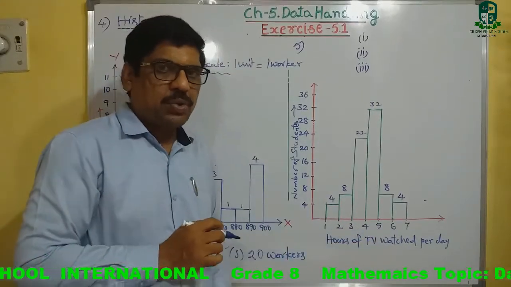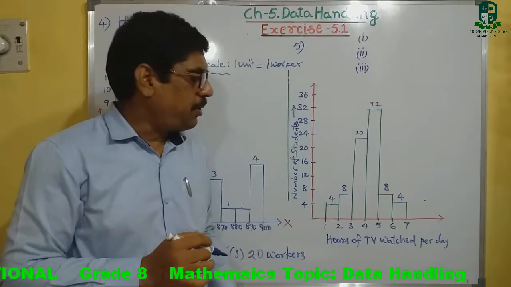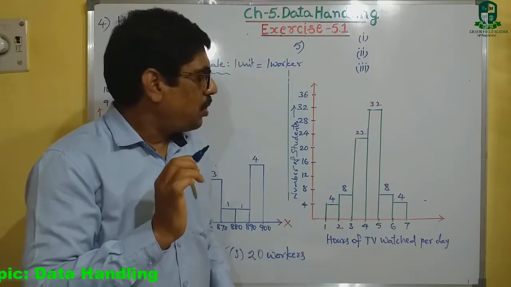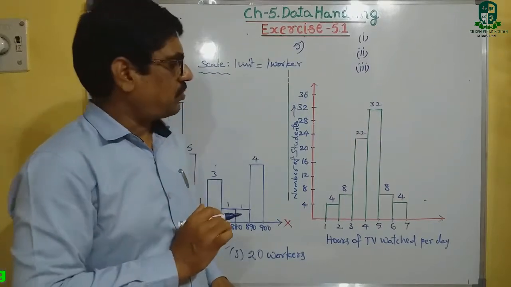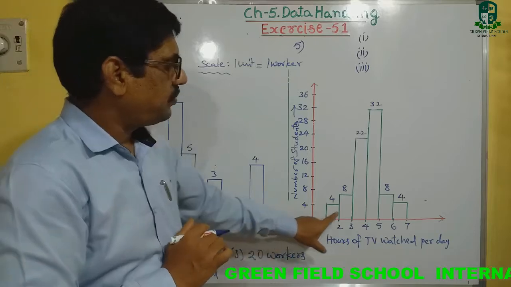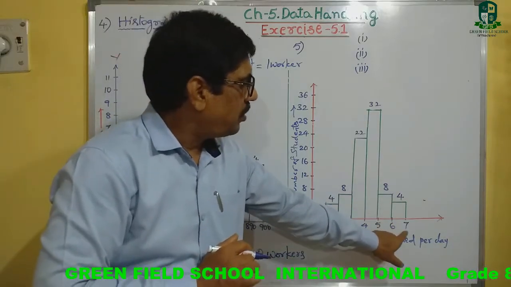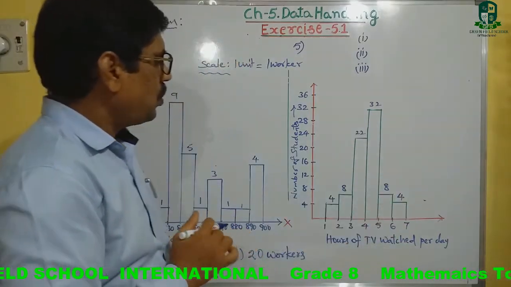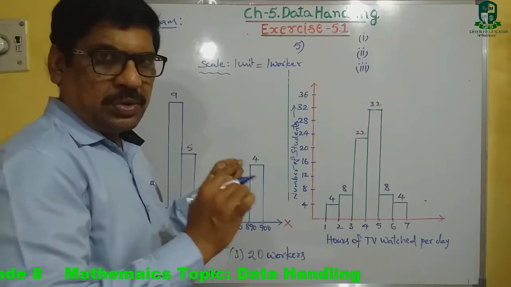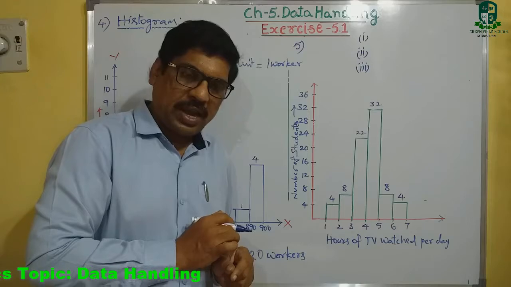Now I am asking you a question. Look at the diagram and tell me how many students are watching the TV for 6 to 7 hours. Can you tell me? Yes. 6 to 7 hours. The height is 4. So it is 4. Like this you have to get the information from this graph.